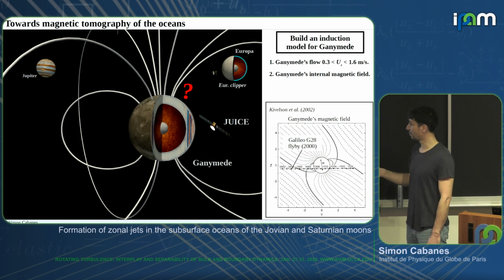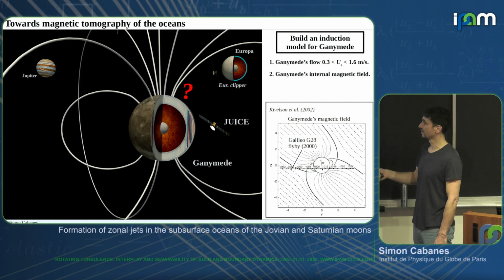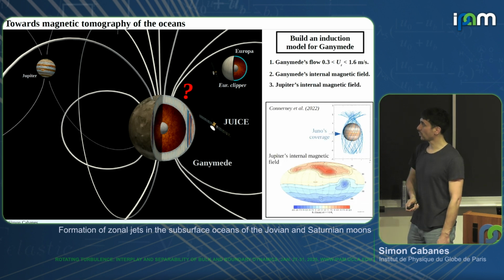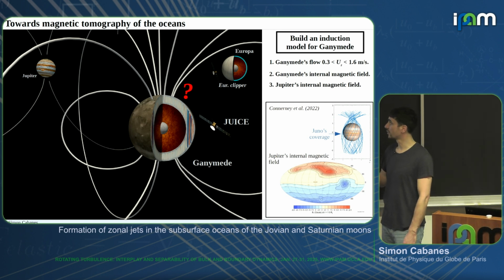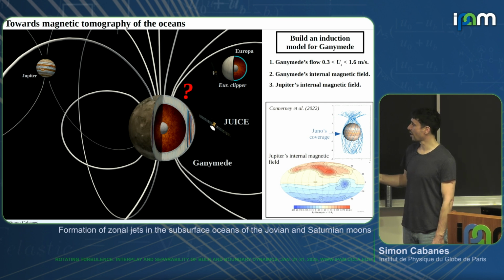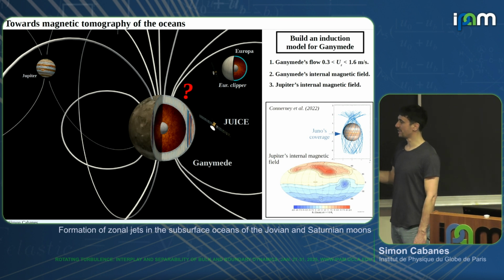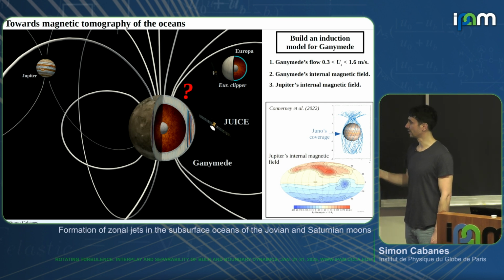And Kivelson has proposed some magnetic model for this Ganymede internal magnetic field produced from the metallic core here. In the same way, we have to incorporate the Jupiter internal magnetic field, so the Jupiter magnetosphere, and Connerney has delivered a magnetic model for this Jupiter magnetic field, and it has been updated by the Juno mission recently.